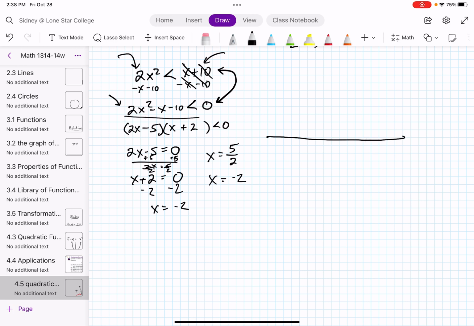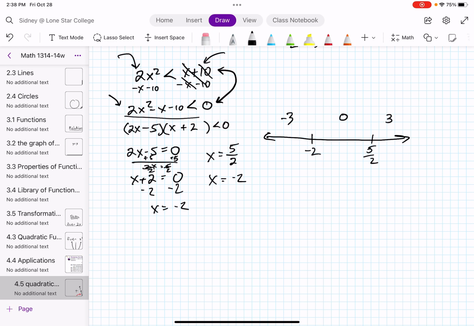Now, if I put this on a number line and think about where these values are, 5 halves over here, and negative 2 is going to be back over here somewhere. I've partitioned this off into areas that we know are going to be above or below the x-axis. Once we've done this, we're going to pick a test point. By the way, 0 is always a really fantastic test point if you can pick it. I'll throw negative 3 there. 5 halves is 2.5, so I'll pick positive 3.